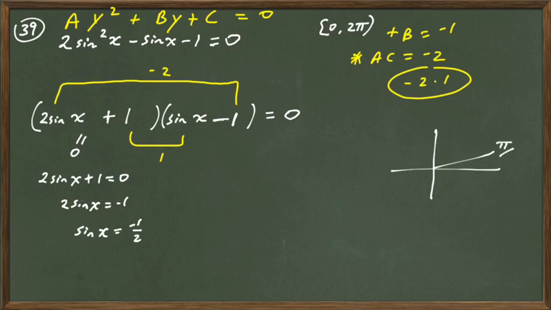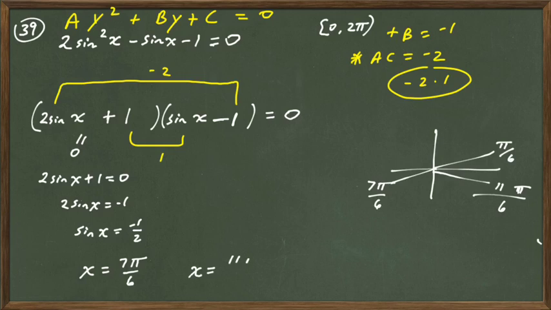Pi over 6. But I don't want it to be positive 1/2. I want it negative. If the y or the sine is negative, it's either here at 7 pi over 6 or over here at 11 pi over 6.